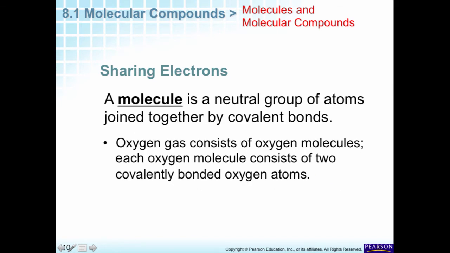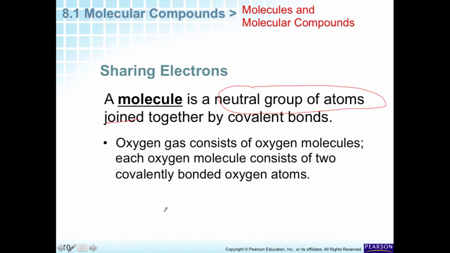So molecules, just like ionic compounds were neutral, when we bond things covalently, they are also neutral. Any compound, whether it be ionic, molecular, covalent, however we want to say it, is going to be a neutral group of atoms chemically combined. So they're joined together. Oxygen consists of oxygen molecules.